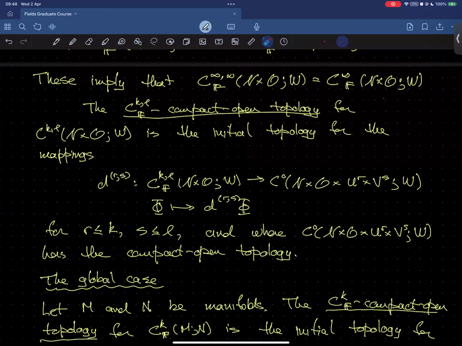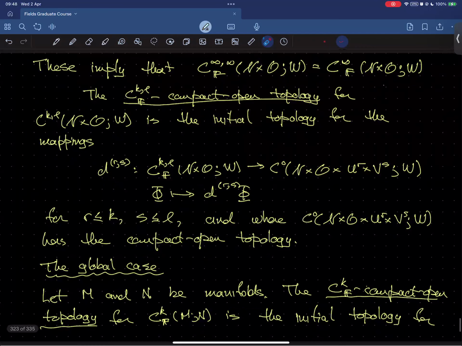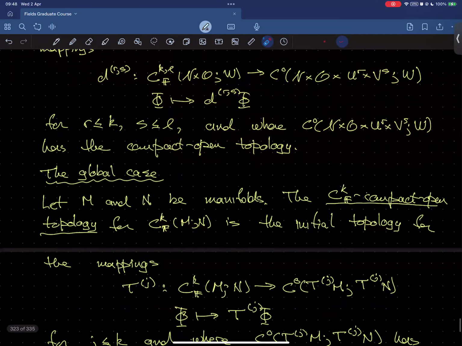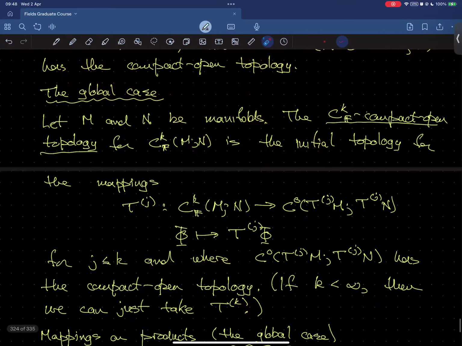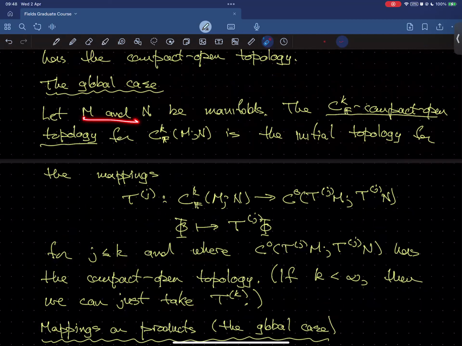All right, so this now has just been me talking about mappings between open subsets of locally convex spaces. So differentiable mappings between open subsets of locally convex spaces. You can do the same thing for manifolds. Okay. So now we take M and N to be manifolds. And we want to talk about the topology for this space of mappings.